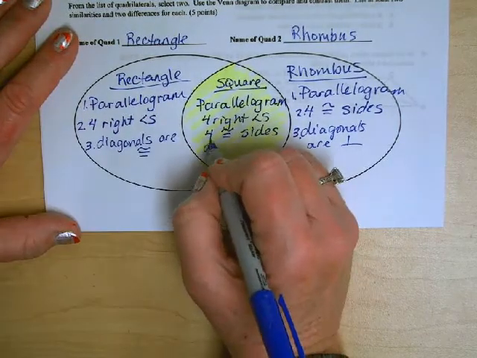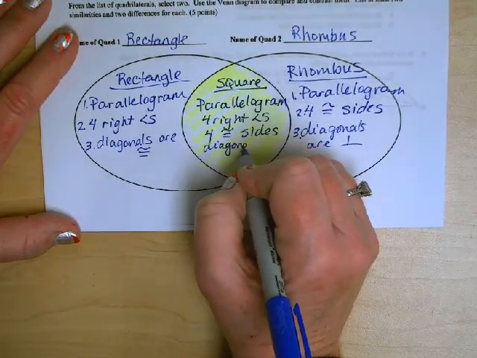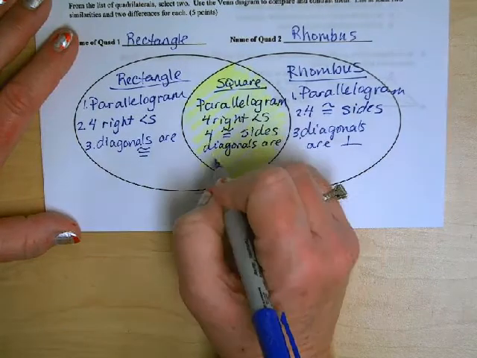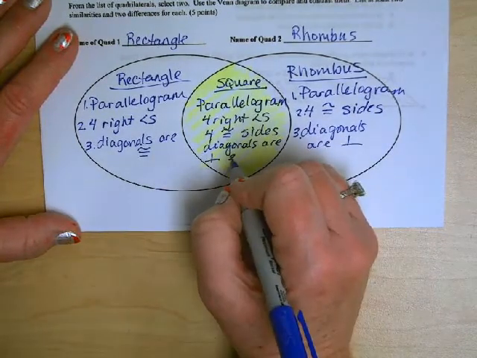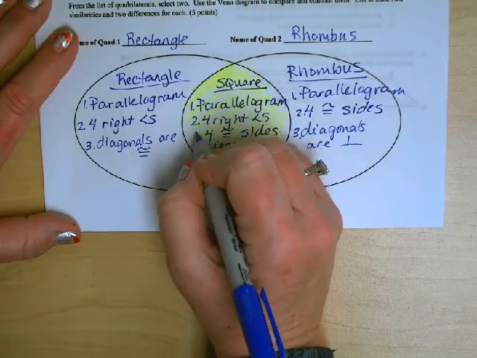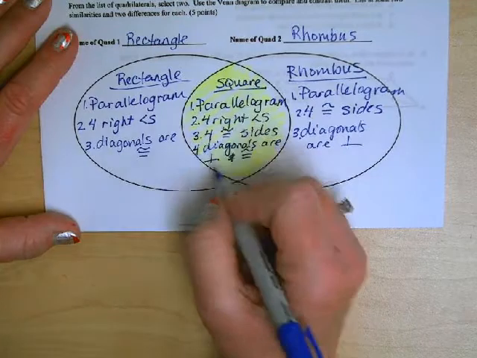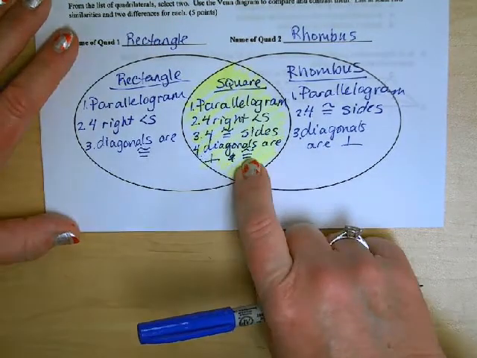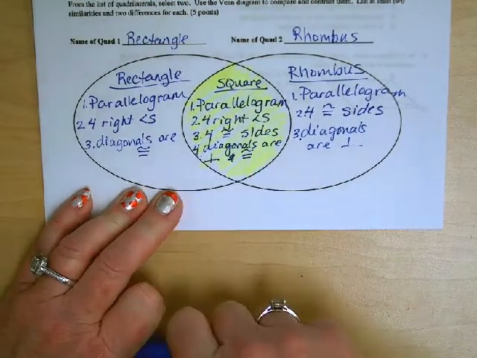And so we'll put down here the diagonals are, upside down T means perpendicular, and then I'll put the congruent symbol. So the diagonals are both perpendicular and congruent for the square. Okay.